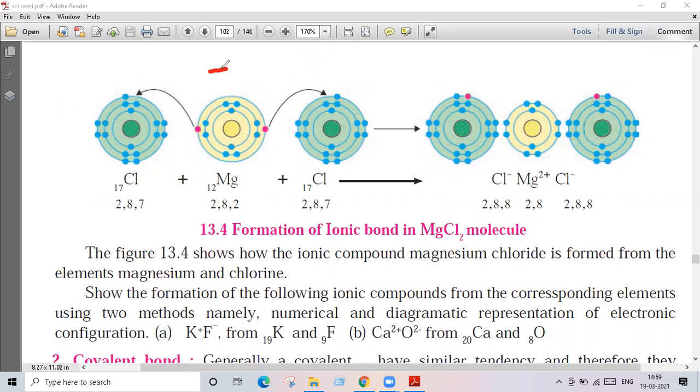That means plus 12 and minus 10, so that becomes plus 2. Therefore it is written Mg 2 plus.